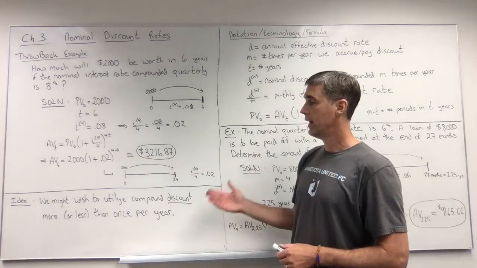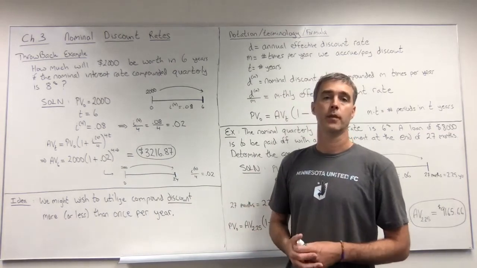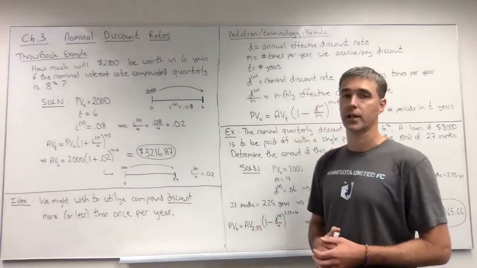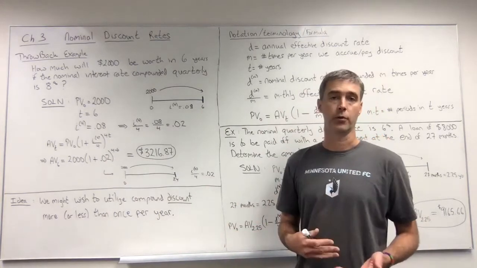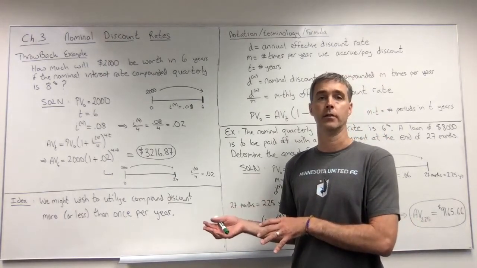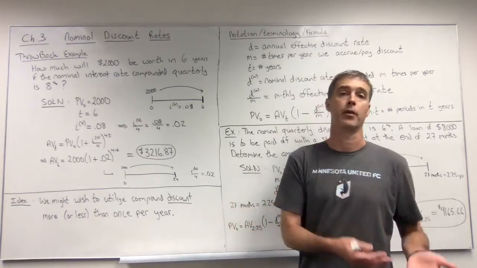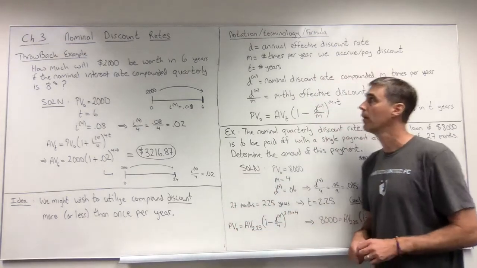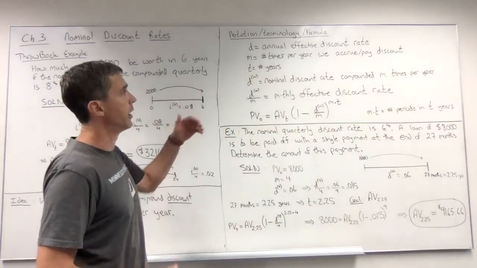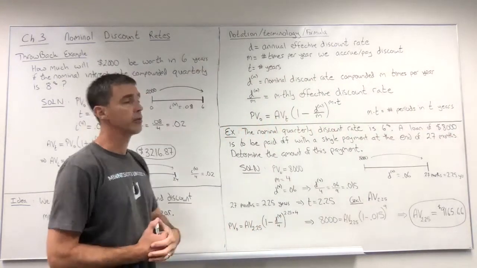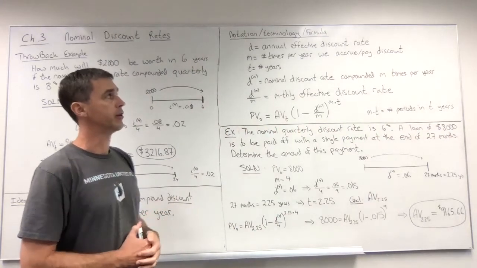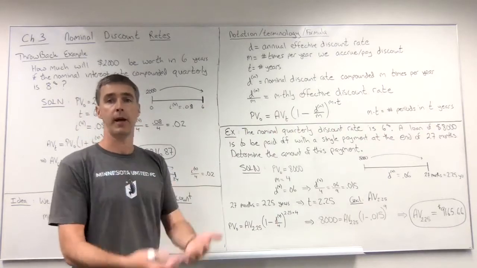Now let's do the exact same thing, but with compound discount. We might wish to utilize compound discount more or less frequently than once per year, going from annual effective compound discount to maybe monthly effective compound discount. Terminology: d will be our annual effective discount rate. m will be the number of times per year that we either receive or pay discount.